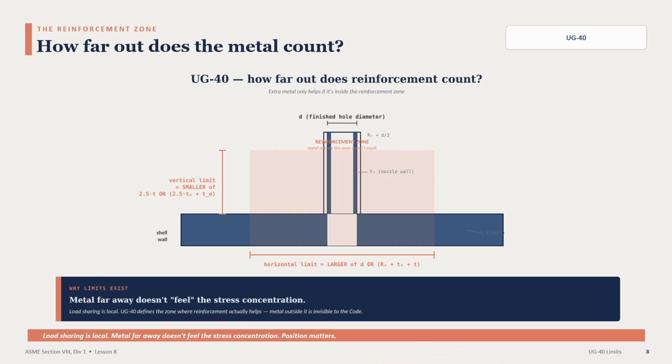Reinforcement outside that zone is useless, not harmful, just wasted. UG-40 defines the zone where reinforcement actually helps. Any metal you add outside it is invisible to the code.